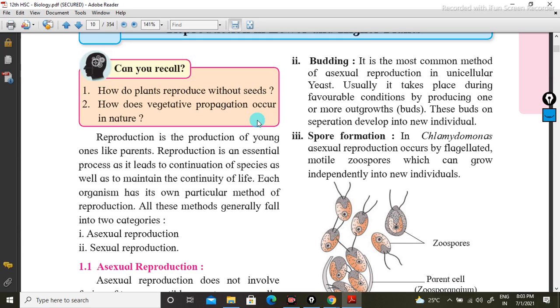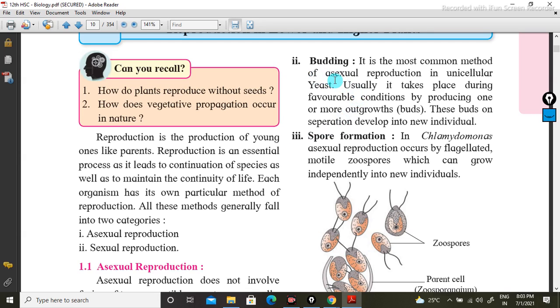Small buds appear on the body of the mature or adult yeast, and these buds separate from the parent yeast and develop into new individuals. This is the budding process. We have clearly studied budding in Hydra. You know Hydra, right? Do you remember? The budding process is the same.